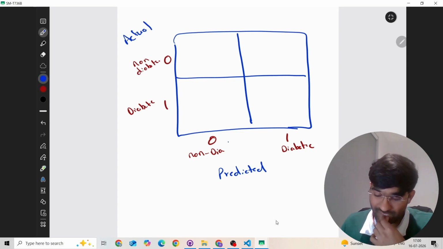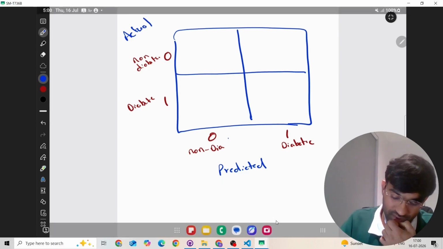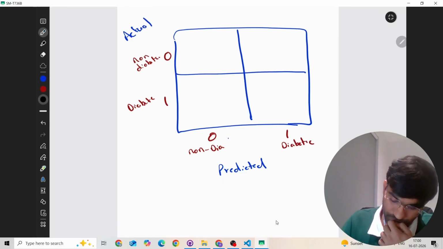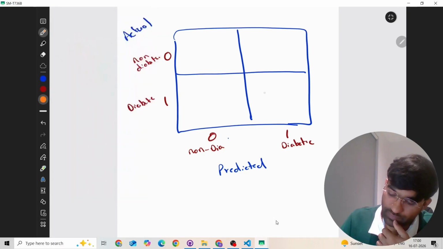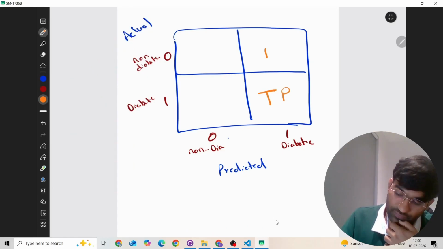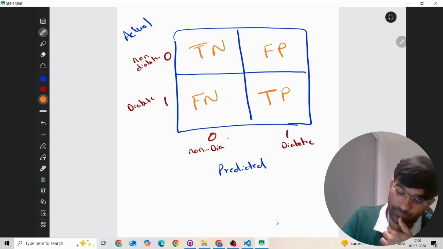Then what is our true positive? This will be our true positive. This is our false positive. This is false negative. And this is true negative. Yeah, right.